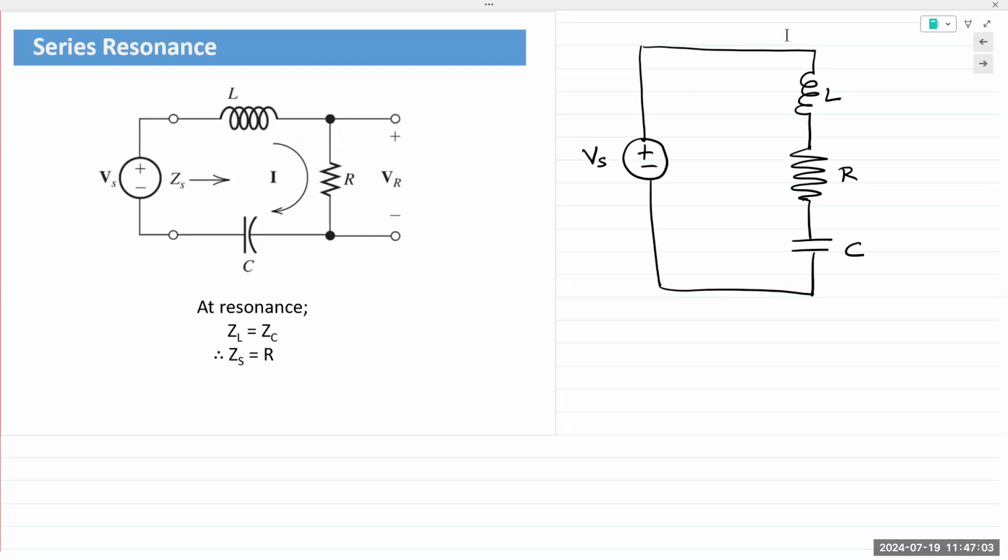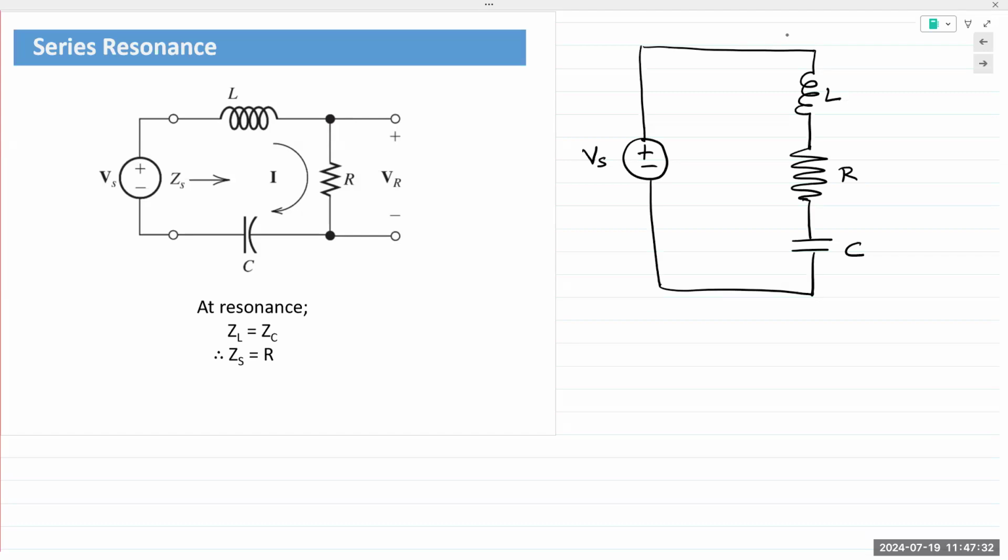The reason it is known as a resonant circuit is because there is energy transfer that takes place between the two components. Remember, I drew this diagram a little bit earlier, where in the positive half cycle, energy flows into the inductor. Negative half cycle, it flows out. In a capacitor, energy flows in the negative half cycle and flows out in the positive half cycle.